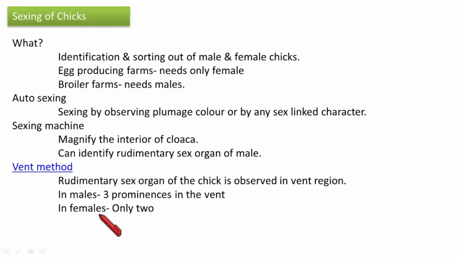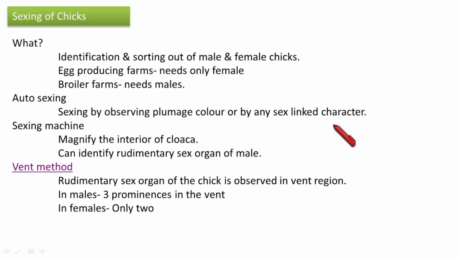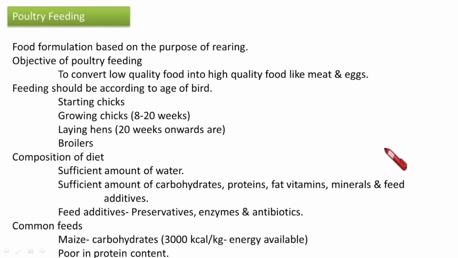If it is a female, we can see only two. Picture I will show you. This is a male, three prominences we can see. In the case of female, only two are visible. So that's the sexing of chicks.